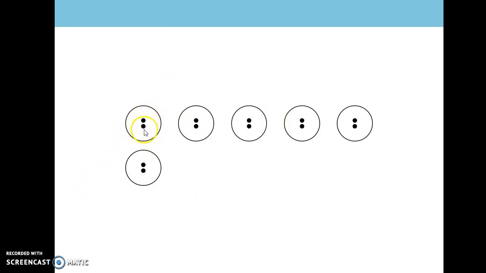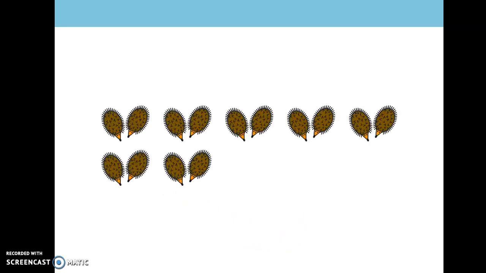So I'm going to go now: 2, 4, 6, 8, 10, 12. So I know that 6 groups of 2 equals 12. 6 groups of 2 equal 12, doesn't it?